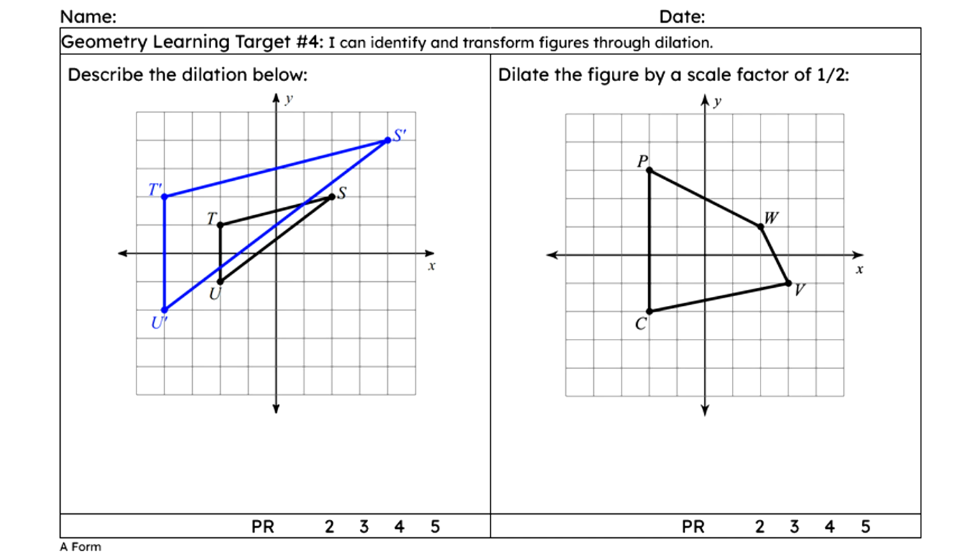So what we want to do is describe the dilation. What happened to that black triangle to turn it into the blue triangle? When we're doing dilations here, kind of like rotations, we're going to consider our origin the center of dilation. So everything either gets sucked into or blown out from that point.